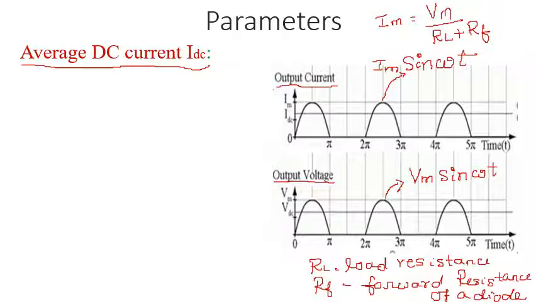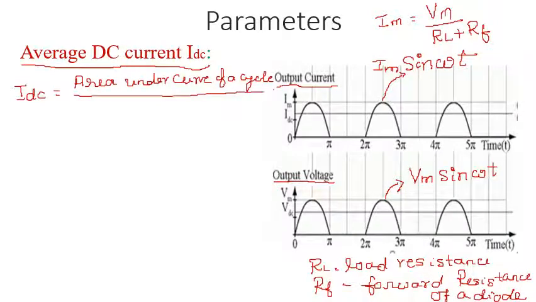From the current waveform shown in the diagram, I can write IDC as the area under the curve of a cycle divided by the base.